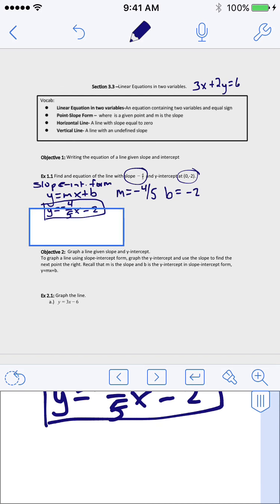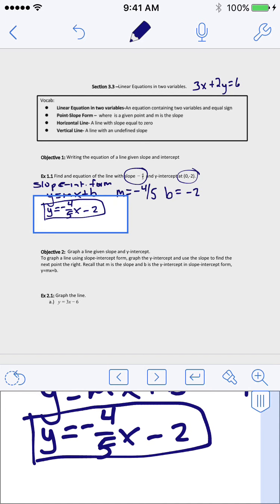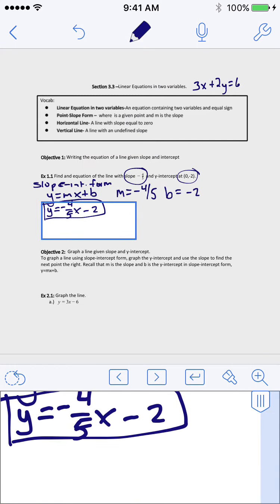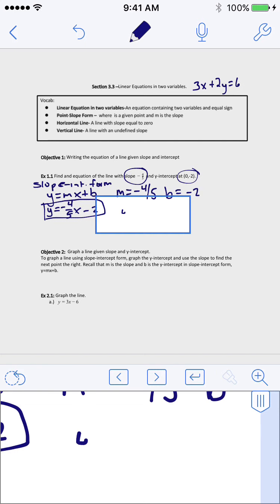But if they had actually said, write the equation in standard form, well, it'd be very simple to convert this, right? Recall that standard form has all the variables on one side, x plus y. So we have y equals -4/5 x -2.